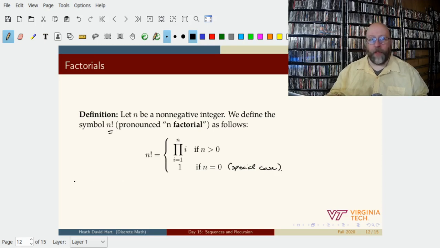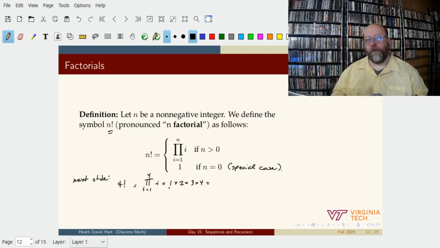So the example on the next slide, I want to go ahead and leave this formula up here, so I'm just going to do it on this slide. It asks us to compute 4 factorial. So that's the product from i equals 1 up to 4 of i, which is the same as writing 1 times 2 times 3 times 4.